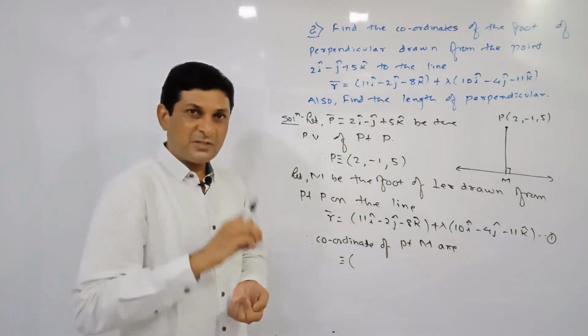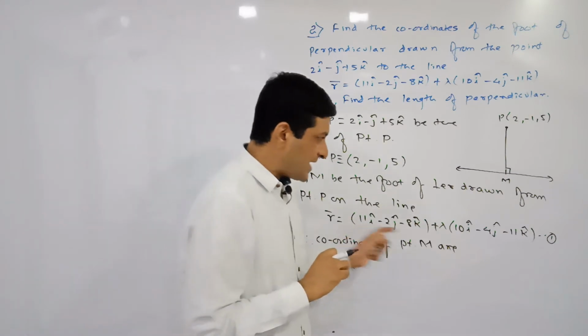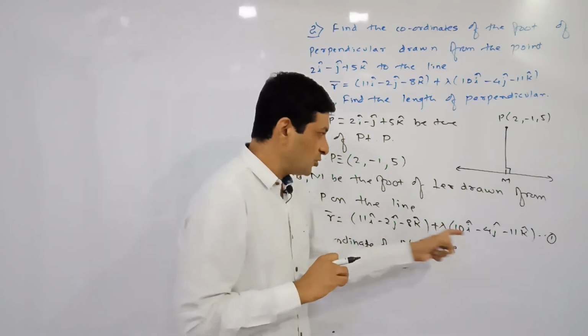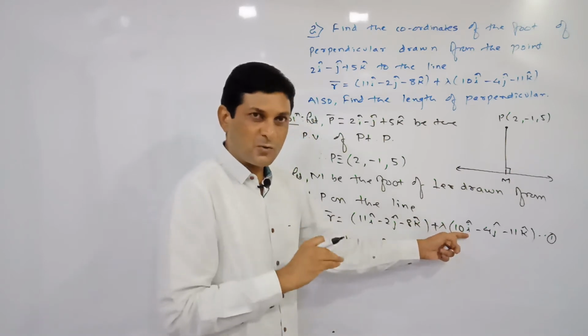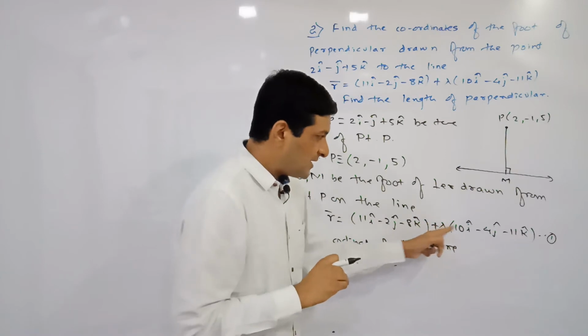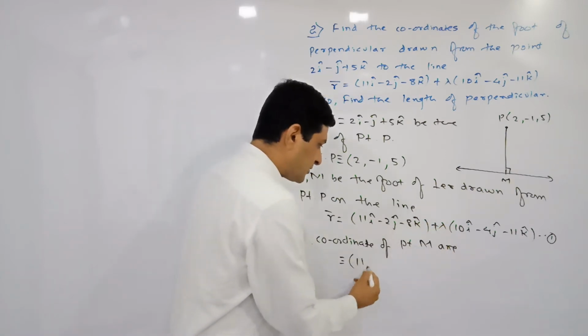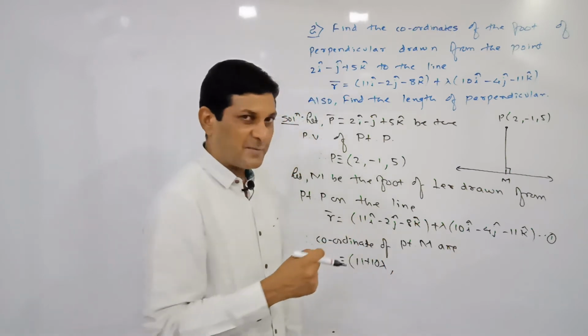So the coefficient of i cap is the x coordinate. How many terms of i cap appear in this equation? Two terms. If we collect these two terms, we get 11 plus 10 lambda as the coefficient of i cap, and the coefficient of i cap is the x coordinate.